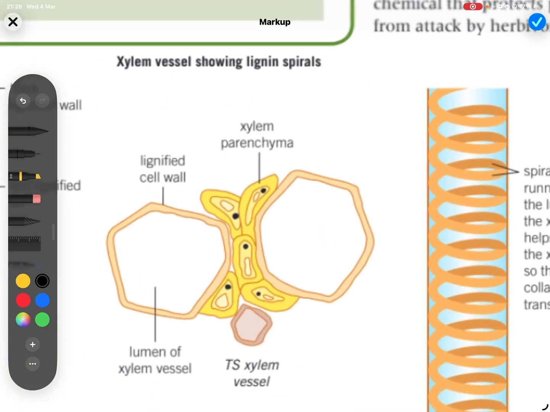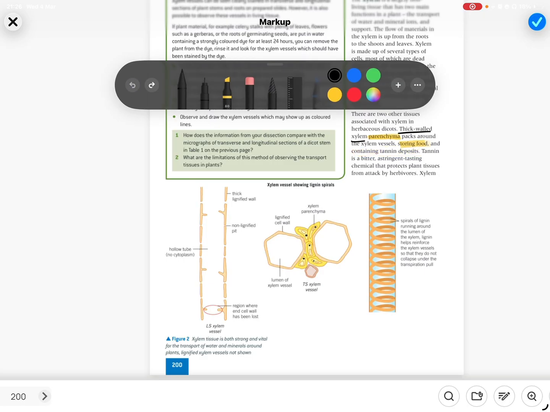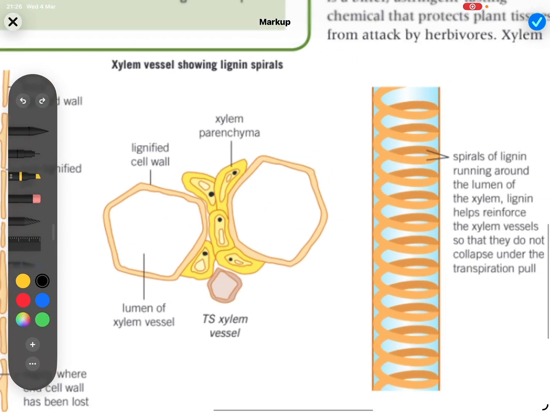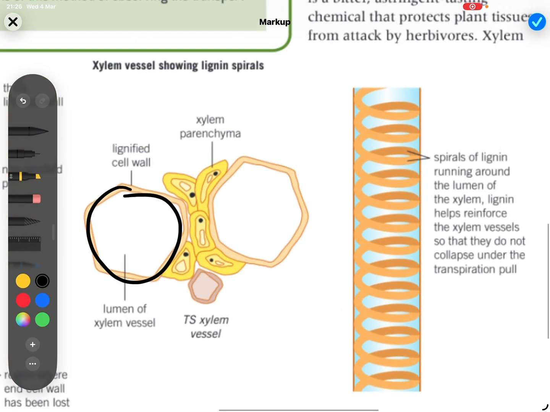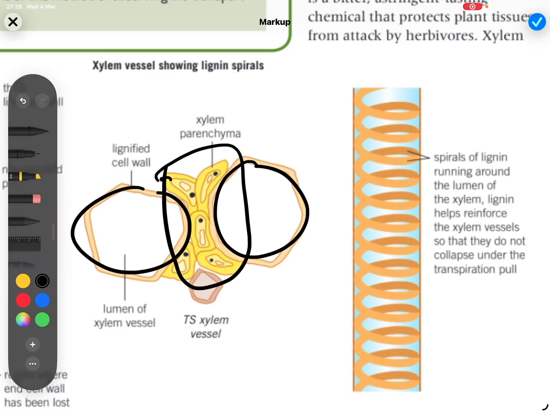So this is the diagram for it. Obviously these little tubes here are the xylem vessels. So this one's a xylem vessel. Now these here, as labeled, are the parenchyma.